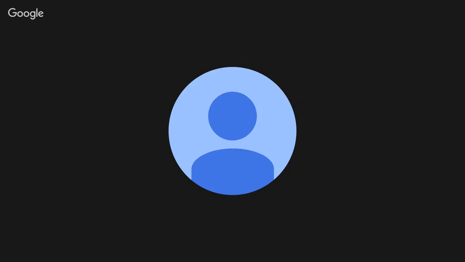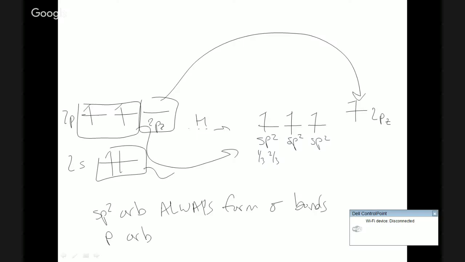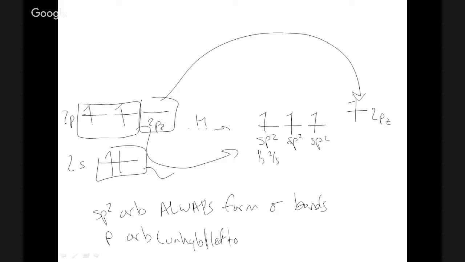The p orbitals are unhybridized or leftover. Unhybridized leftovers. These unhybridized p orbitals always form pi bonds.